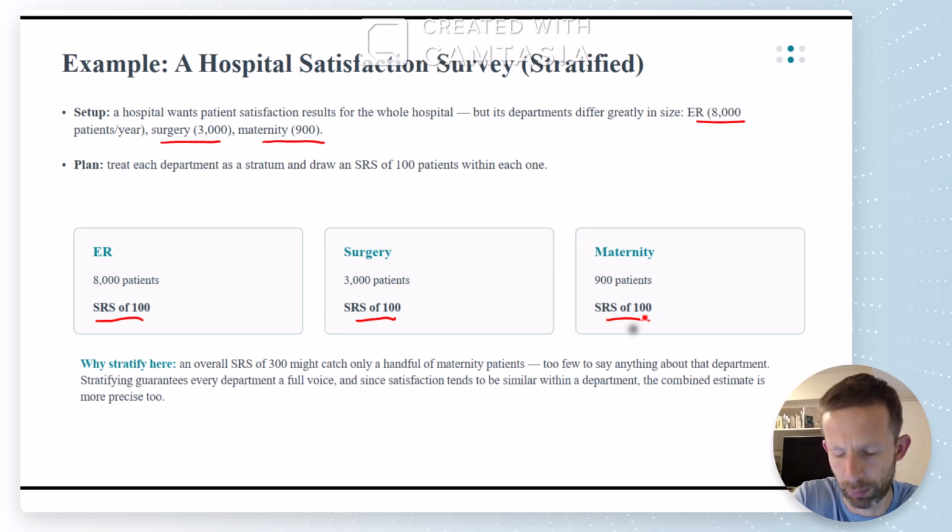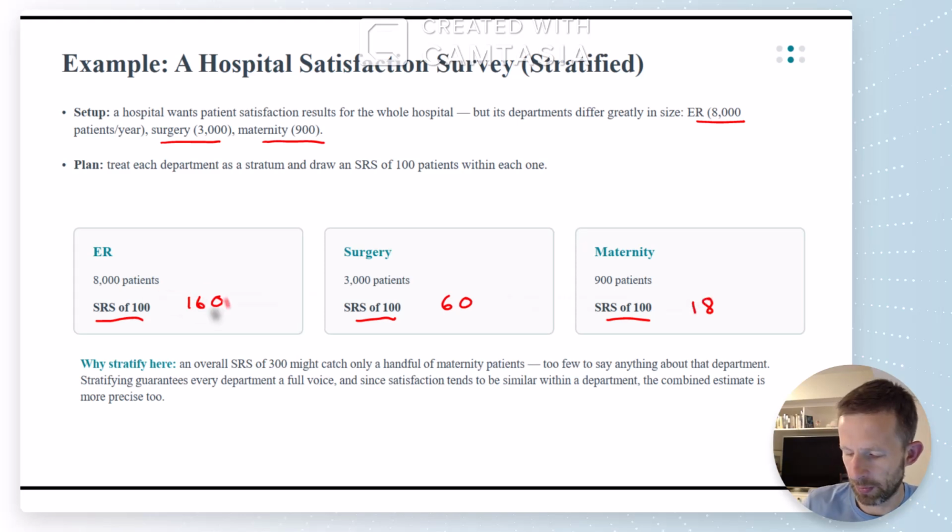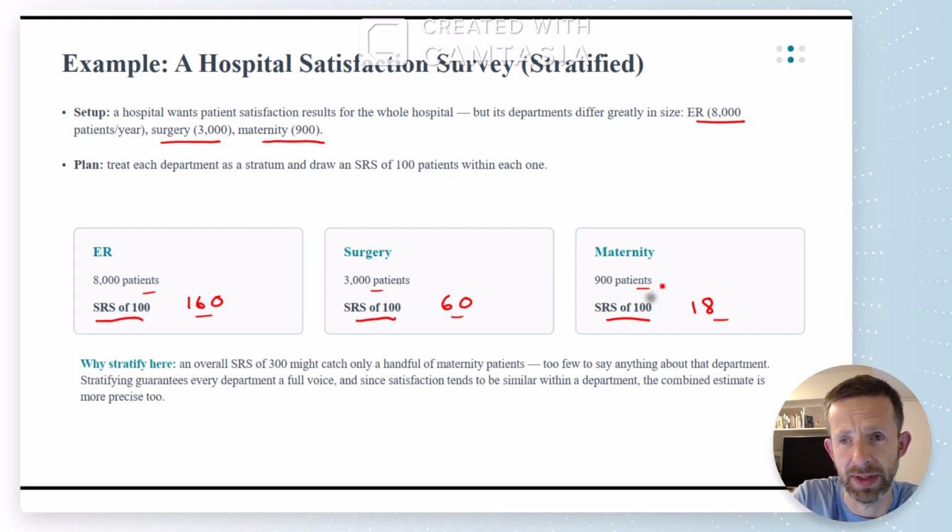You can also do this proportionally. So for example, you could choose 160 here. Out of here, you would choose 60, and out of here, you would choose 18. So these would be proportional to the population, and it would give you another sense of how to do this.